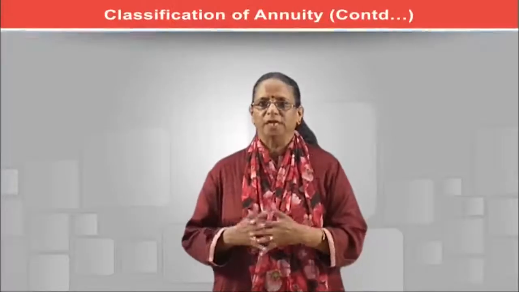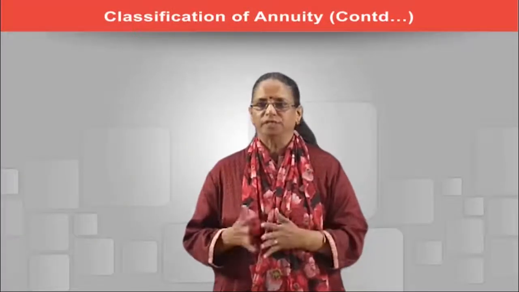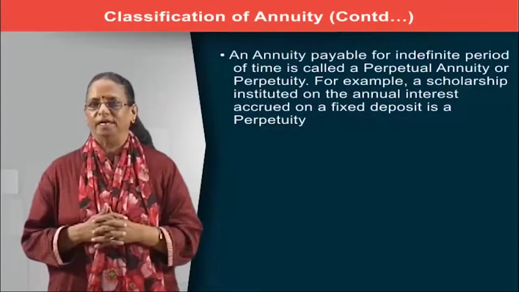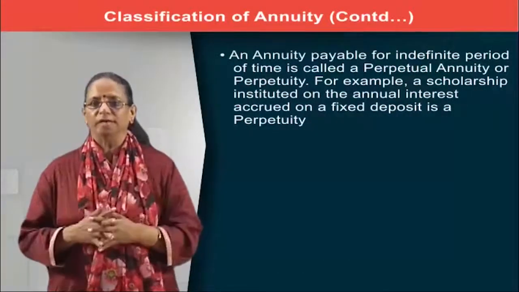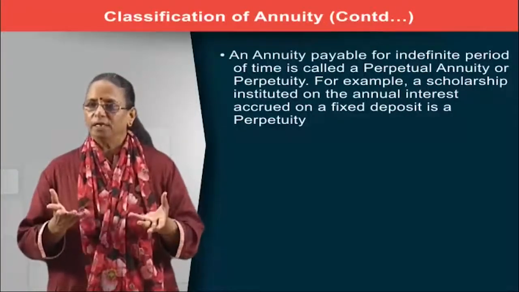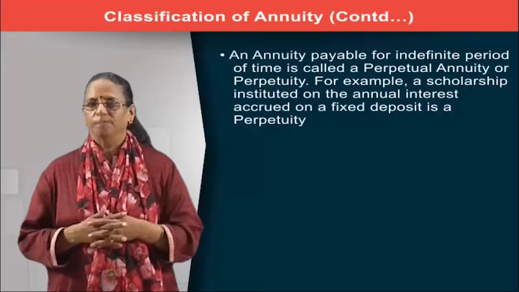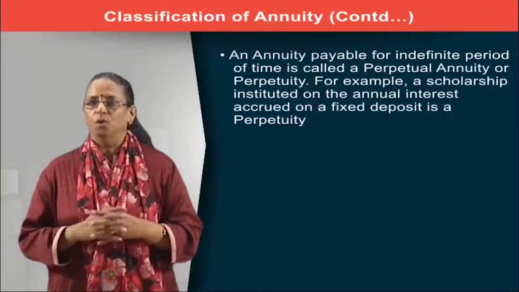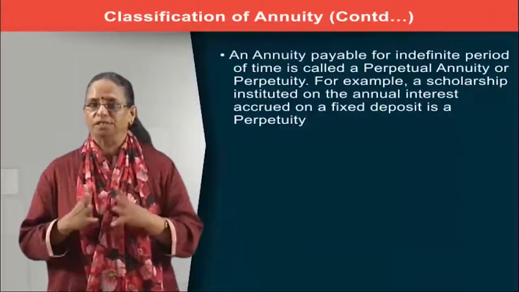What is perpetual annuity or perpetuity? Annuity payable for indefinite period of time. It is called a perpetual annuity or perpetuity. For example, there are so many institutions or individuals or organizations who institute scholarships.